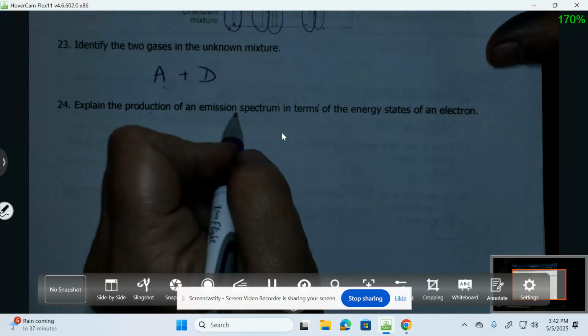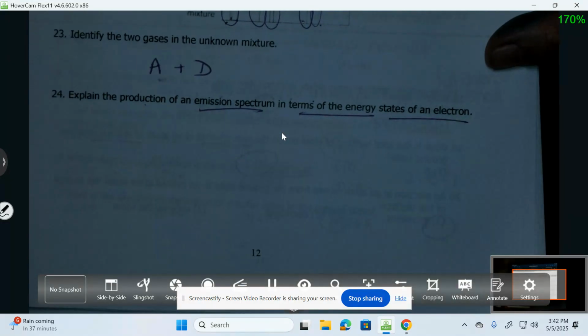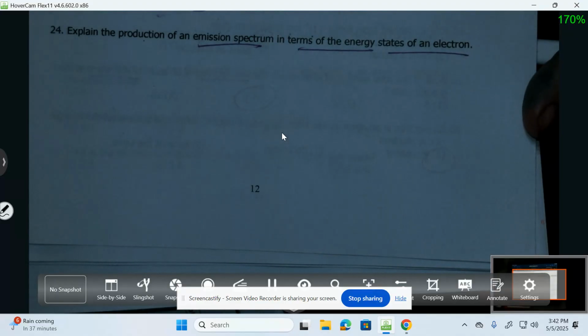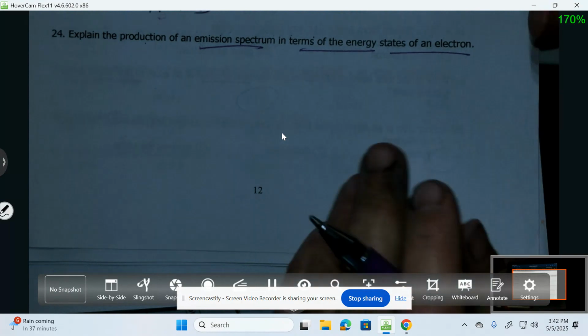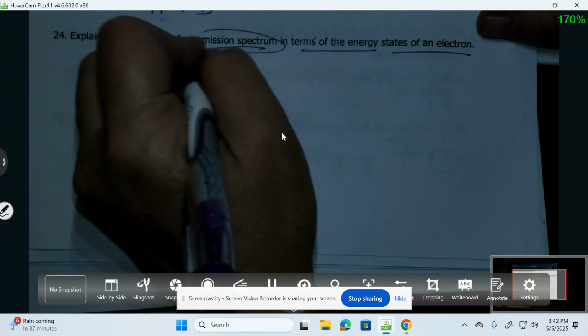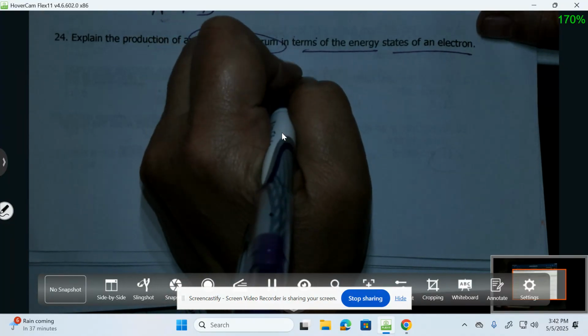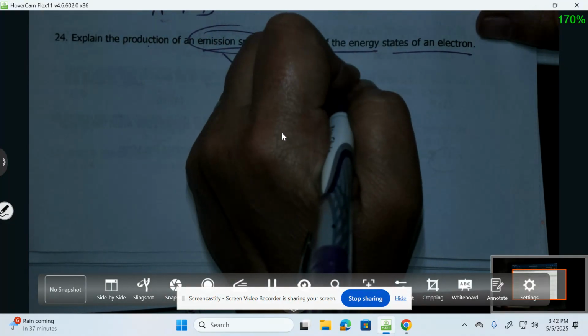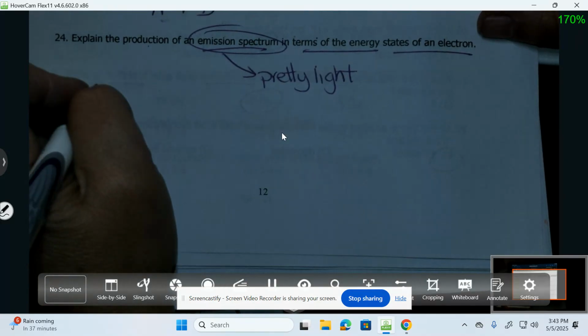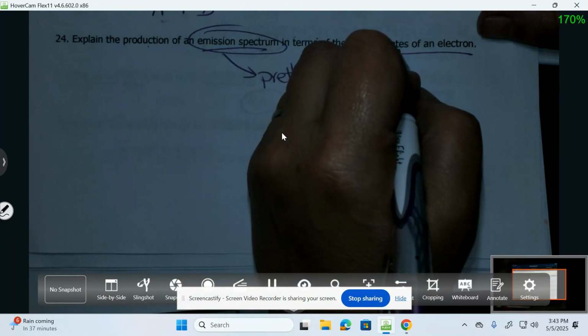Explain the production of the emission spectrum in terms of energy states of an electron. What are you going to say? When do you get to see the pretty light? The emission spectrum. This is the pretty light. I know you can talk louder than that. Perfect. So, state in terms of energy states.